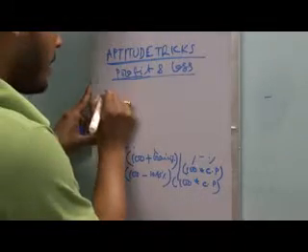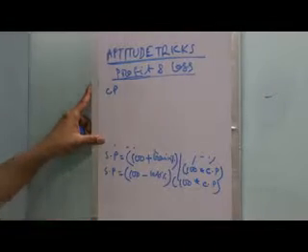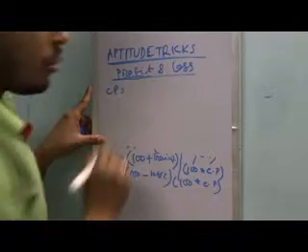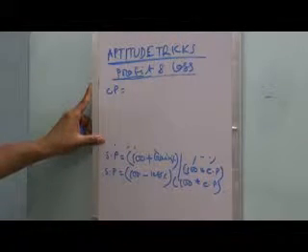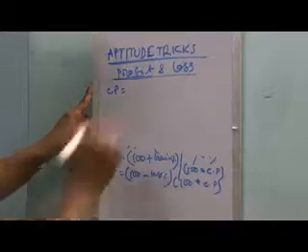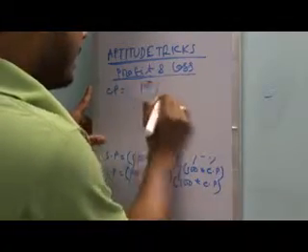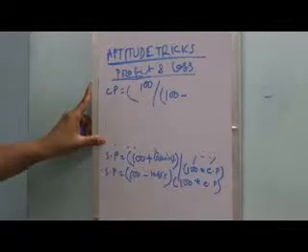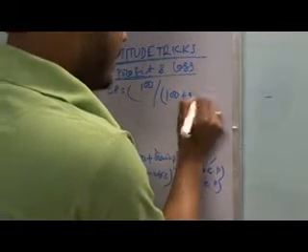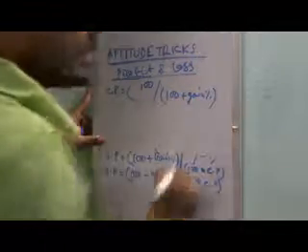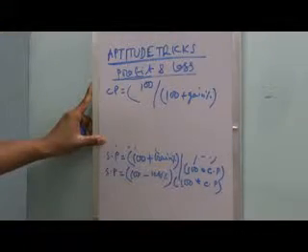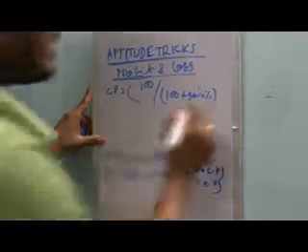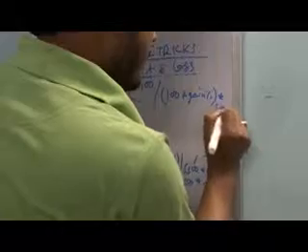Now what will be the cost price when gain percentage is considered? Cost price will be equal to 100 divided by 100 plus gain percentage into selling price.